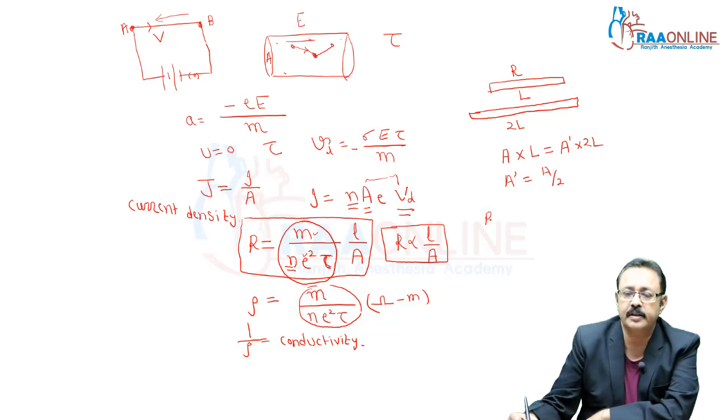So what was the old resistance? If old resistance was rho L by A, now, material is same, you make L double, A becomes half. Means we are getting 4 extra. So 4 rho L by A, it means resistance will become 4 times.